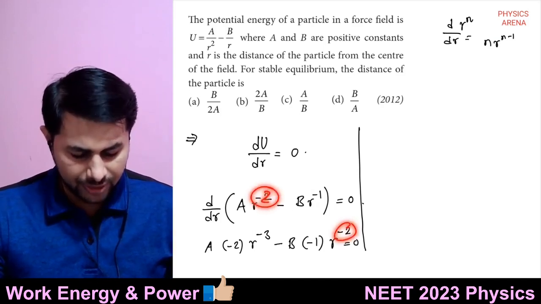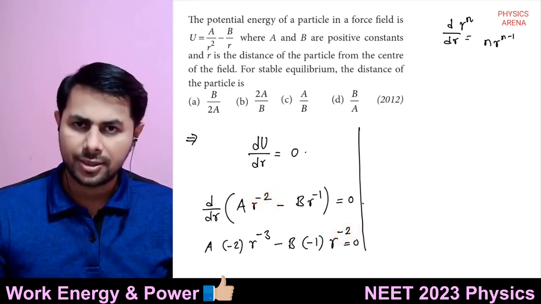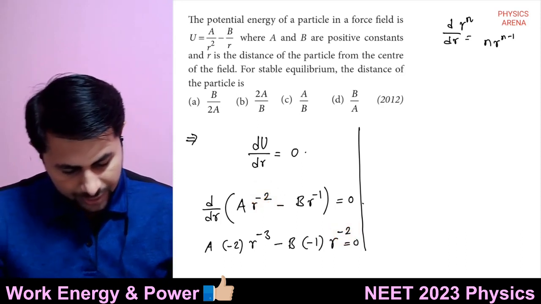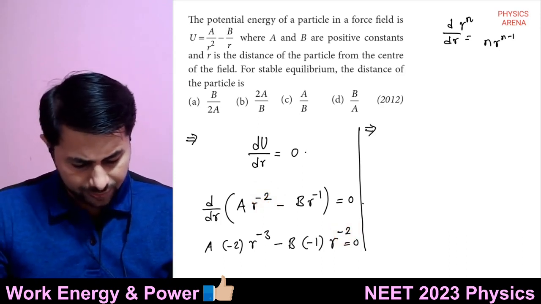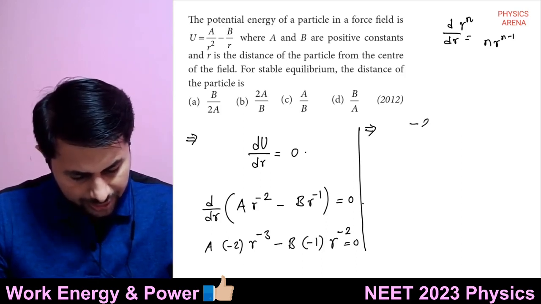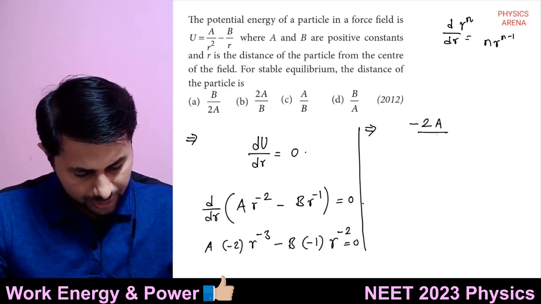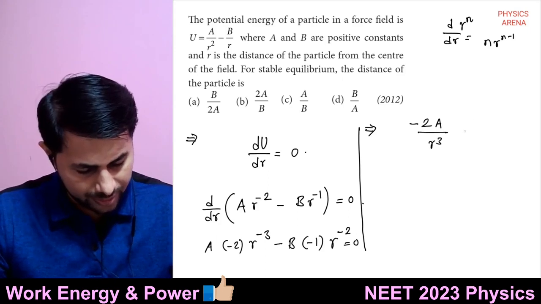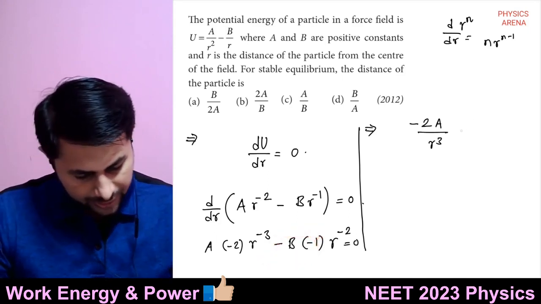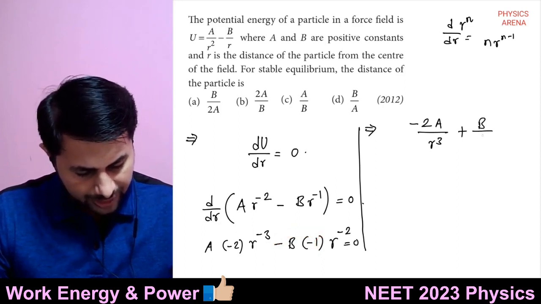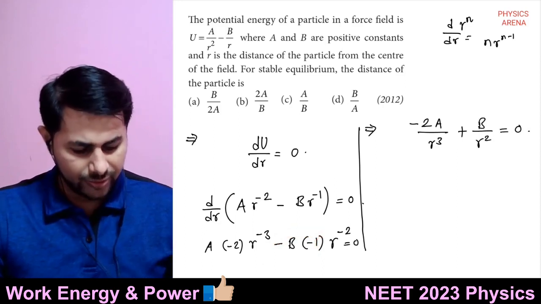For the first term, n is minus 2, and minus 2 minus 1 is minus 3, right? So you can write this as minus 2a divided by r cube, and this minus minus becomes plus b divided by r raised to 2. This is equal to 0.